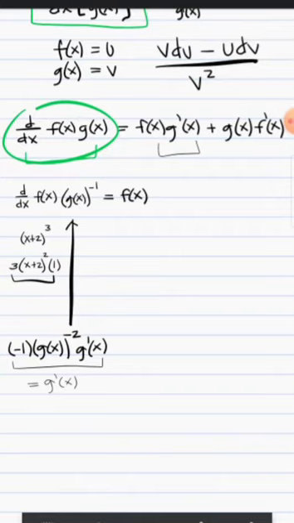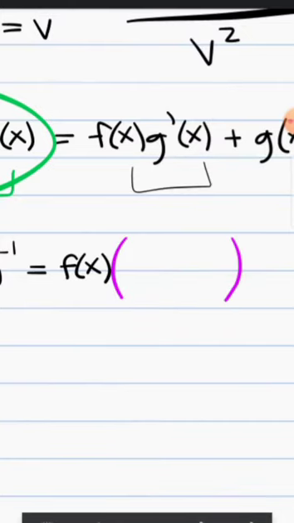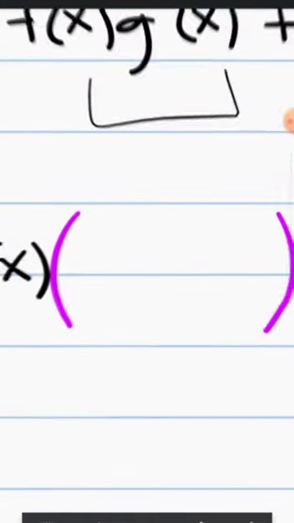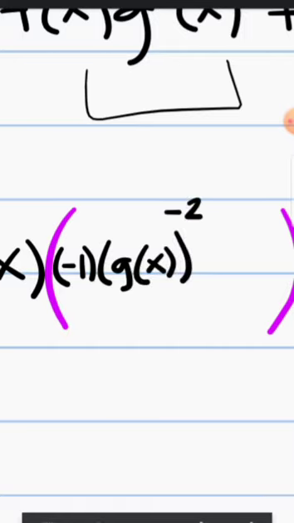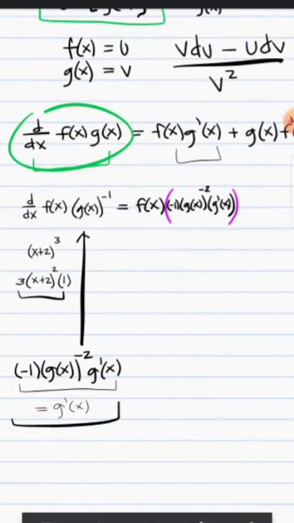Alright. So with that, we can substitute that here. So that's negative 1 times g of x raised to negative 2 times g prime of x. So this one is literally this one.